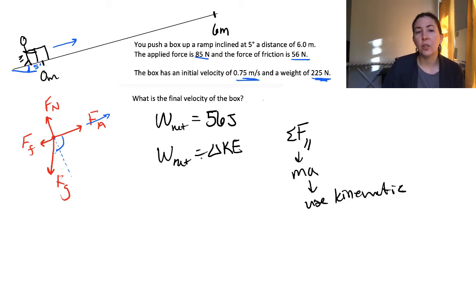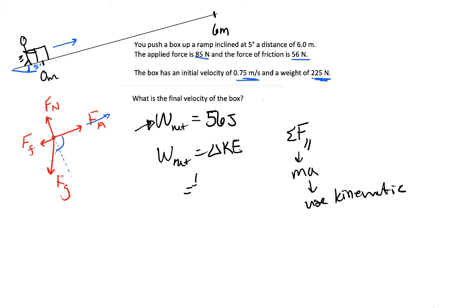Now we can say the total work is equal to the change in kinetic energy. And because we found the net work previously as 56 joules, this is going to be a fairly simple problem. Okay, so 1/2 m times v final squared minus v initial squared, that is the change in kinetic energy, and our net work is on this side. So we need the mass.